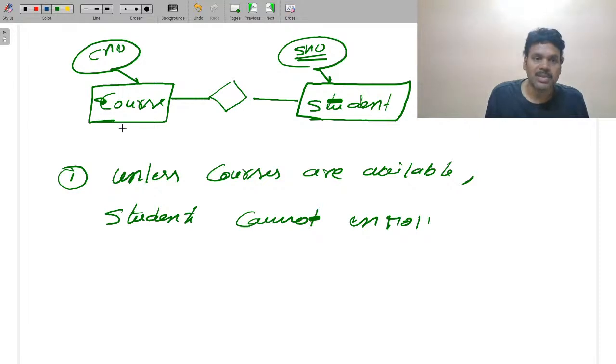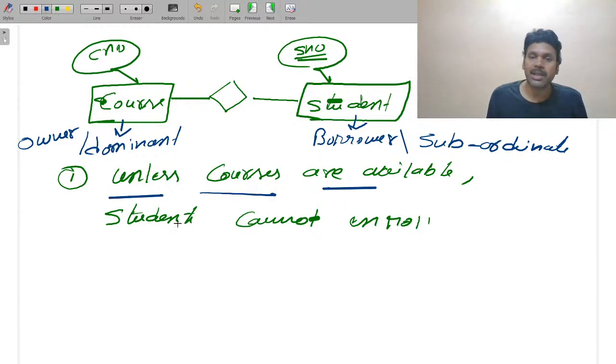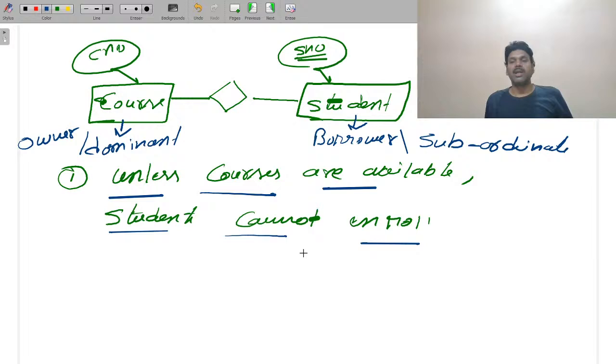So in that case, the course is called your dominant entity, also called the owner entity. And what about student? This is called the borrower entity, also called the subordinate entity. Because this is the constraint. What is that? Unless you maintain courses, the students cannot enroll into that.